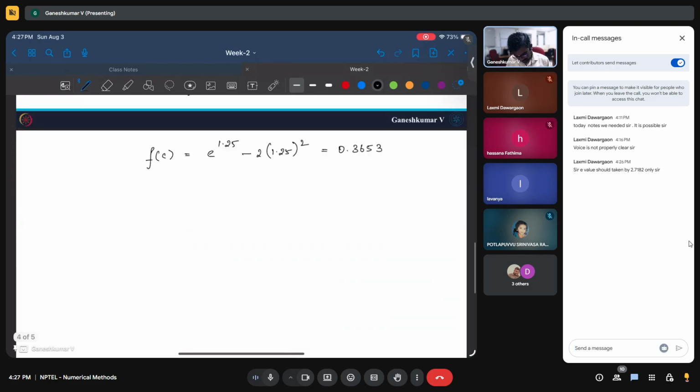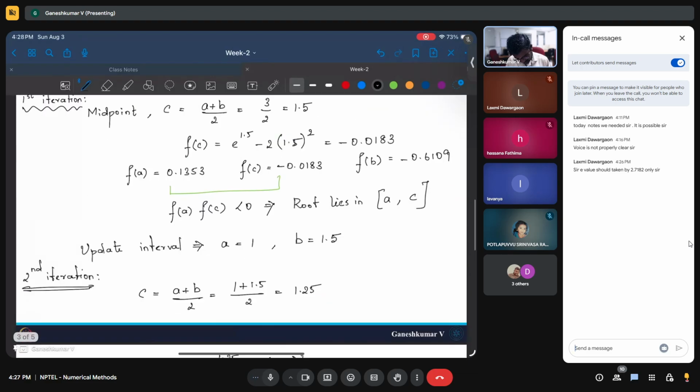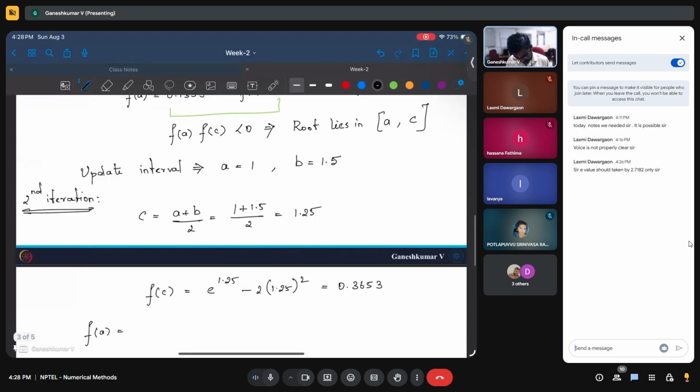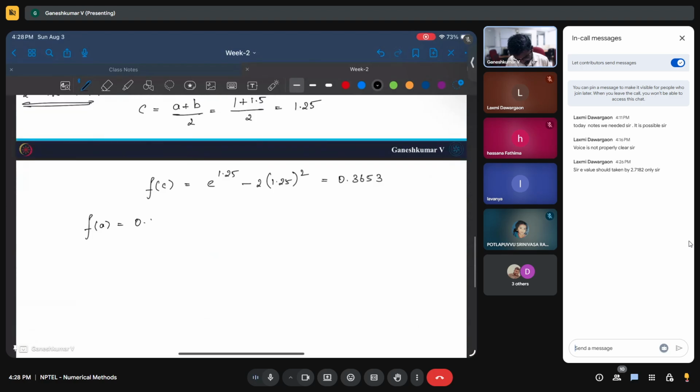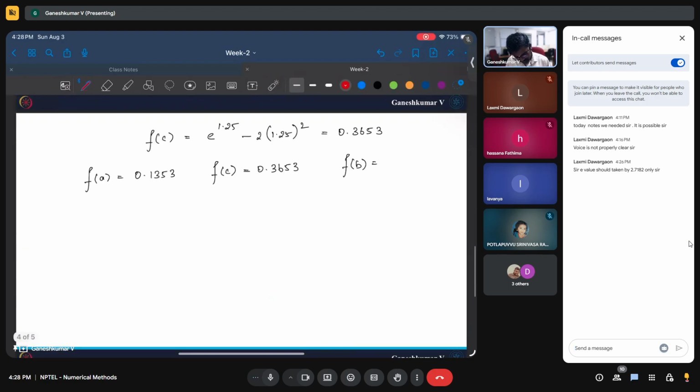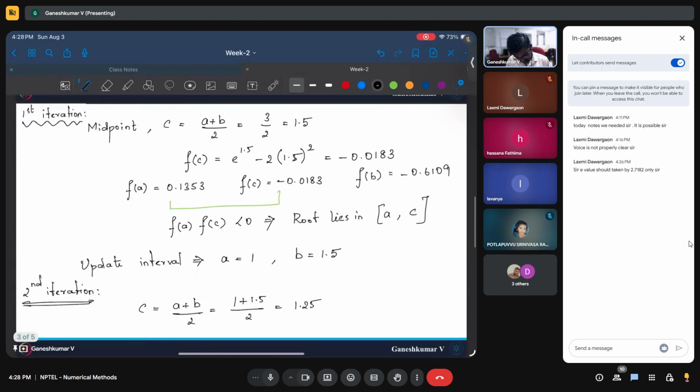So now again you compare this with f of A. What was A? A is 1 and f of A we already found, which was 0.1353, and f of C, the midpoint between them, is 0.3653, and f of B is basically the previous f of C, which is minus 0.0183.